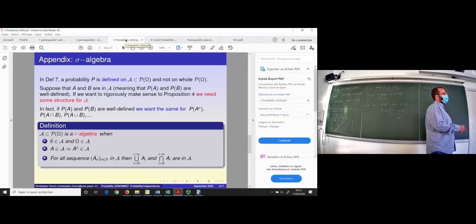I am able to compute the probability of omega because omega is in the set of definition. If I am able to compute the probability of A, I will be able to compute the probability of the complementary. If I have a sequence of sets for which I am able to compute the probability, I will be able to compute the probability of the union and the probability of the intersection.